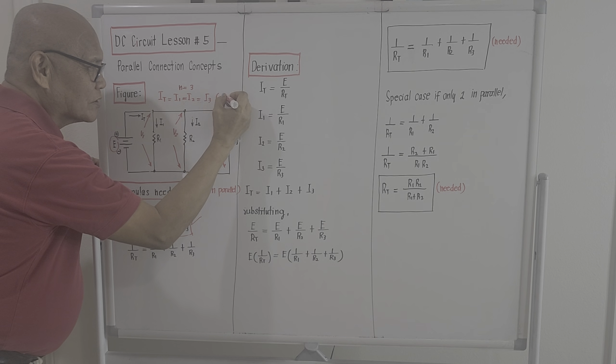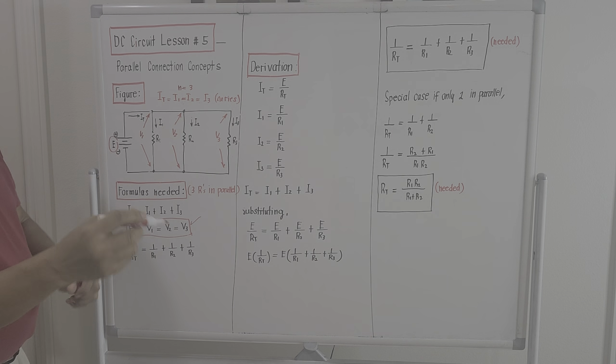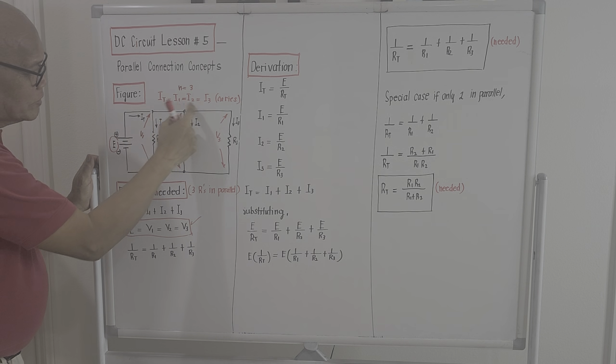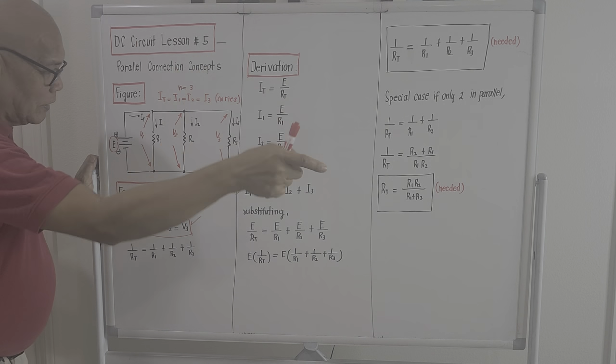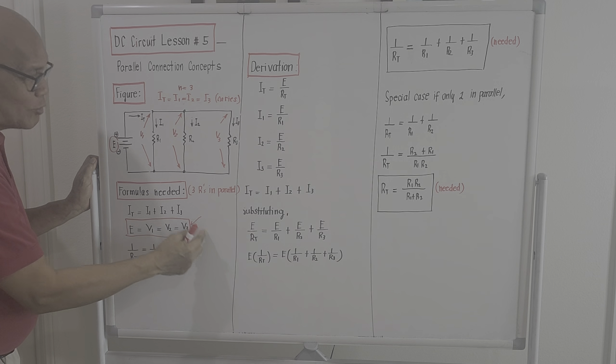Sorry for that one. This is for series. So you now know the difference. For a series connection, the current is common. For a parallel connection, the voltage is common. Right? It's all the same.